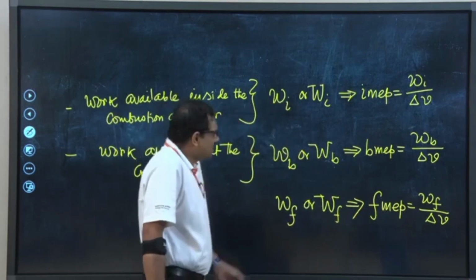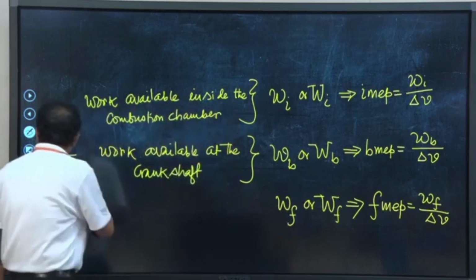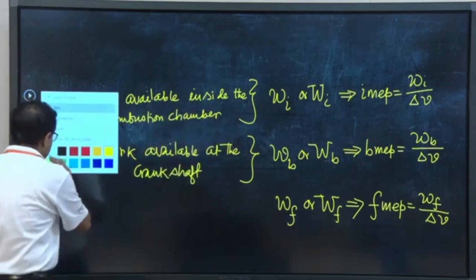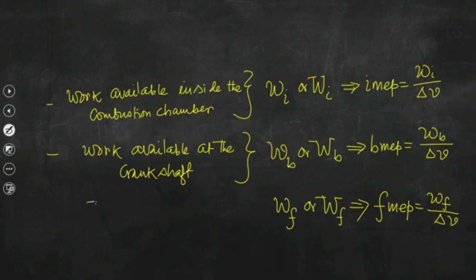So, from here at least we can write that W indicated is equal to W brake plus W friction.